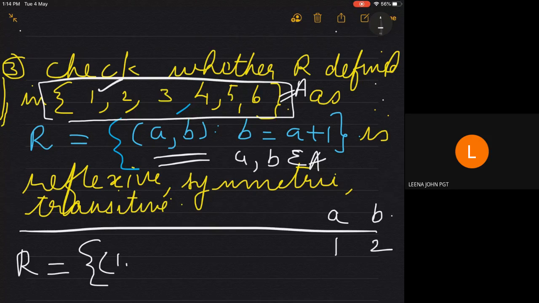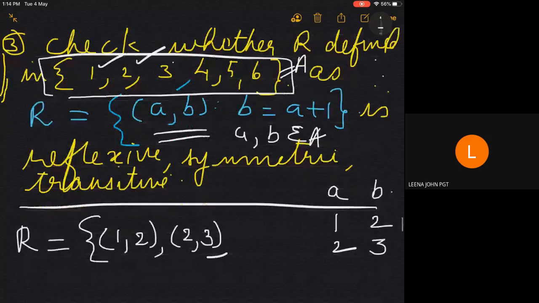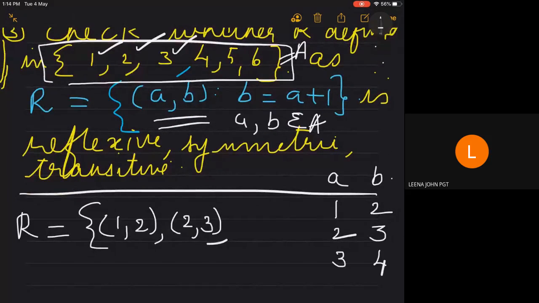So the ordered pair 1, 2 will be present in R. Next value of a can be taken from the mother set as 2. A equal to 2, you will get b equal to a plus 1, so 2, 3. Then the next a value which can be assigned is 3. Then you will get b value 4. So we will get the corresponding ordered pair 3, 4.